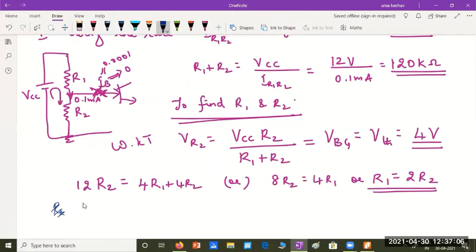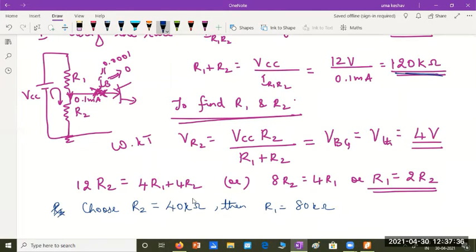So the only option here is to choose one resistance, let me say R2 to be some value, approximately 40 kilo ohms. Then R1 will be twice of 40, that is 80 kilo ohms. Therefore, you can see R1 plus R2 will be 120K as obtained, right?